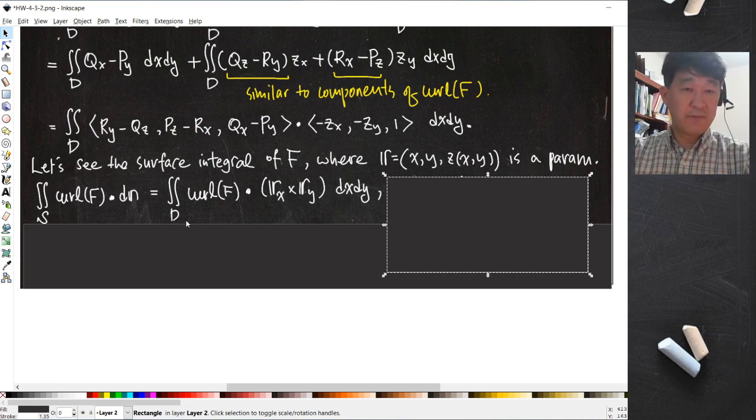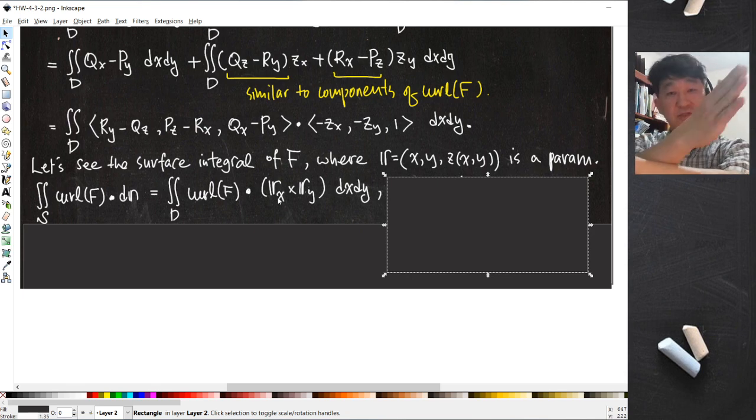Before, we were changing to a one variable integral. Because there are two free variables involved, this surface integral switches to a double integral, right? So that makes a connection to our interpretation of the earlier calculation, which is a line integral and a double integral. All you have to do is use their definition of curl and our calculation of a cross product of this, which will give you this: Rx is tangent to the surface in one direction, Ry is tangent to another.